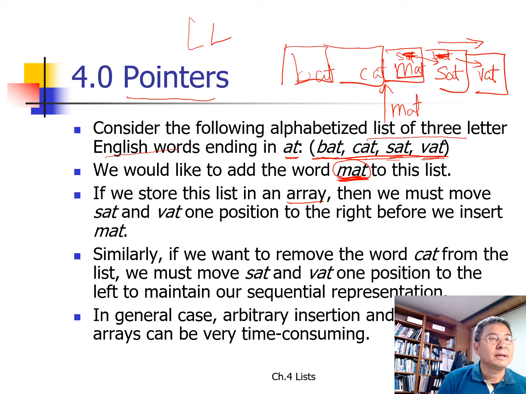In this way, if we use an array to store this data set, then it is not easy to add new arbitrary data. Similarly, if we want to remove the word cat from the list, then I must move this data to the left.